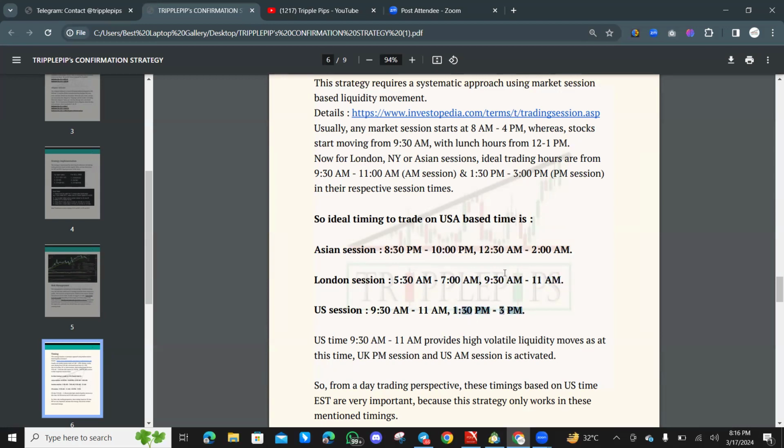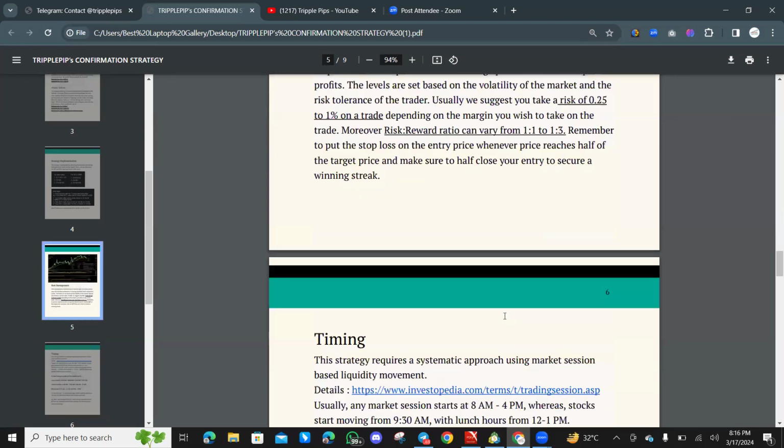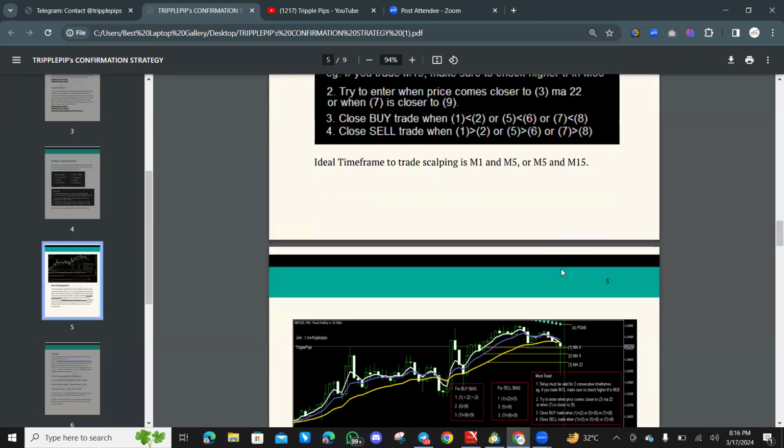So in a single day, as a day trader, you can utilize this confirmation strategy 3 times, or let's just say at least a minimum of 2 times. That's the beauty of this confirmation strategy. Whether you are going bull or bear on a particular instrument, for confirmation you can use this so that you can have a clear idea.